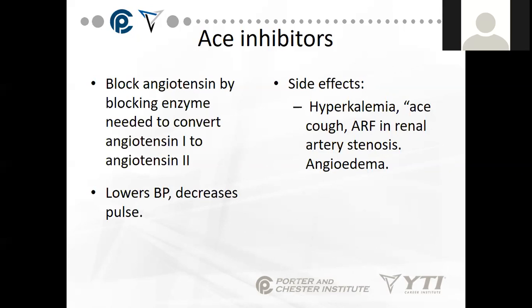All of that is going to help lower your blood pressure. Okay. And number 5, you have the vasodilators, which directly affect the arterial and venous system to decrease peripheral resistance.